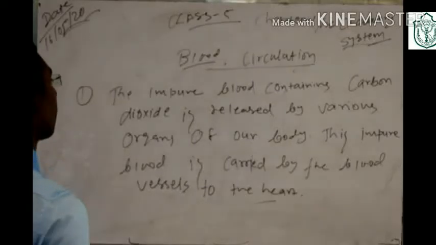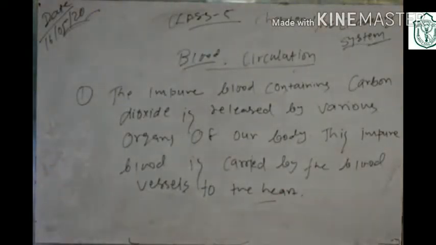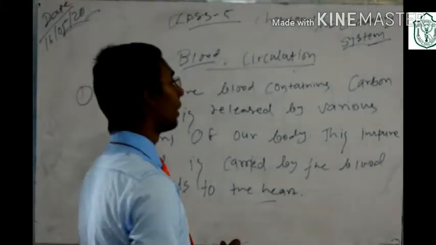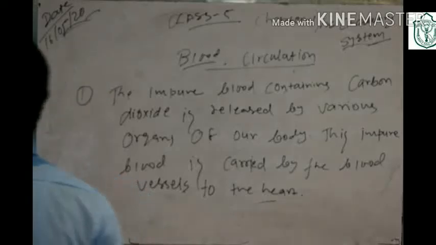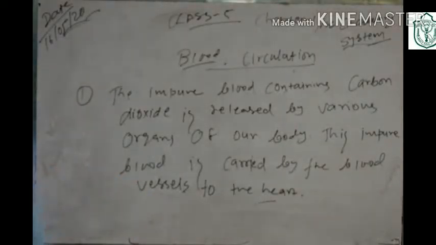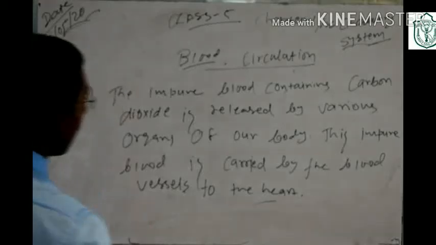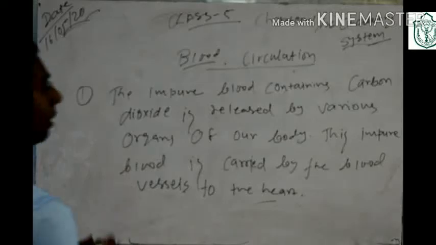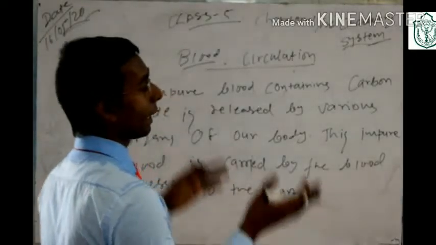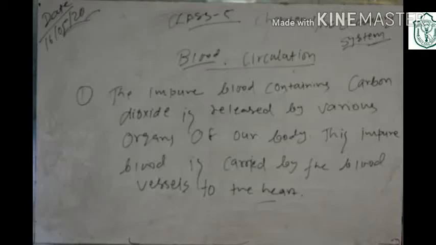So the first step of the blood circulation: from different parts of the body, carbon dioxide is released, and the blood vessels carry this blood away from the various organs of the body to the heart.